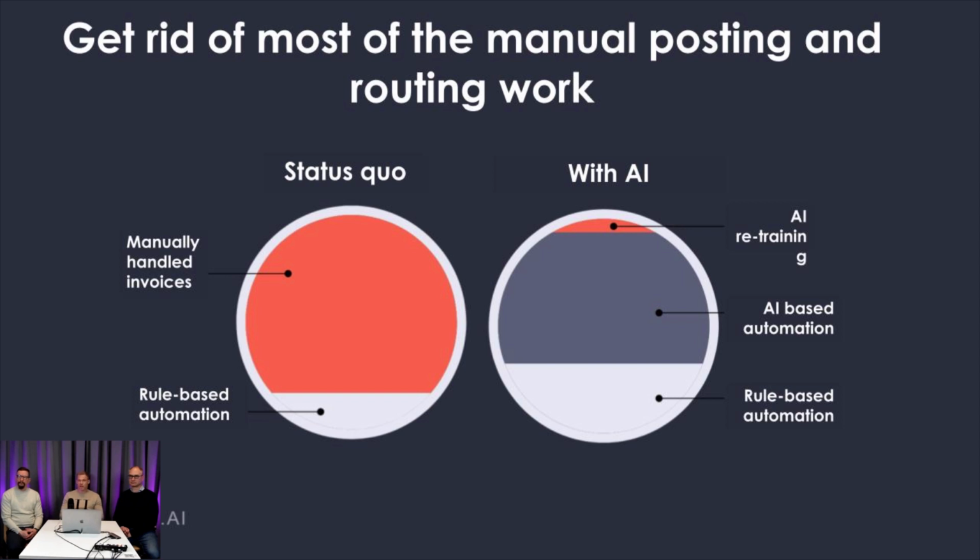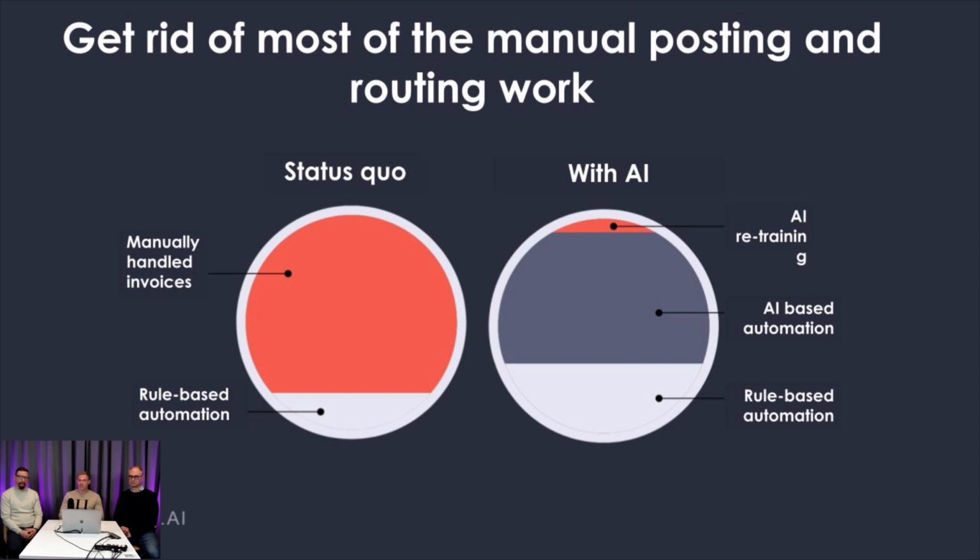Some invoices are being automated with rules, but most of the invoices are still coded and routed for approval flow manually, and it's a lot of work. And we promise that if you implement a good AI solution, you can achieve 80% or even 90% of invoice automation. Not 100%, that's for sure, but still 80-90% of automation just by implementing AI.